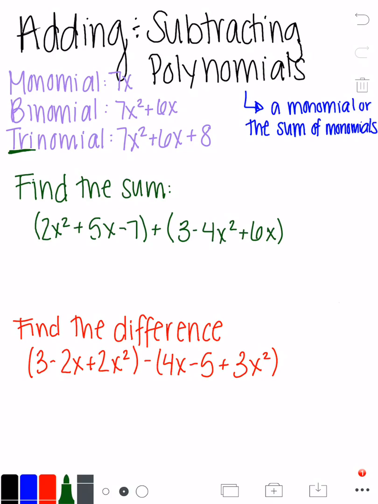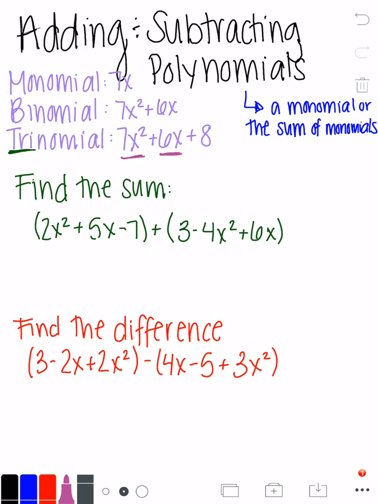So from there, if we had 7x squared plus 6x plus 8, this is degree 2. Let me change this for you really quick so we can look. This is degree 2, this is degree 1, and this doesn't have a degree.